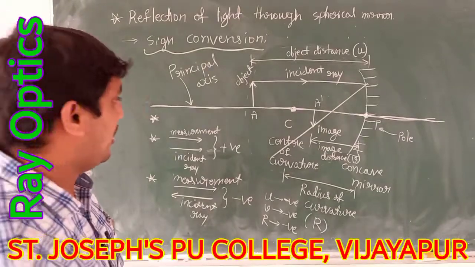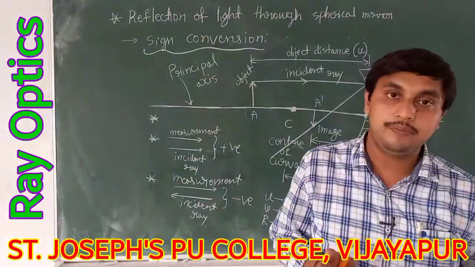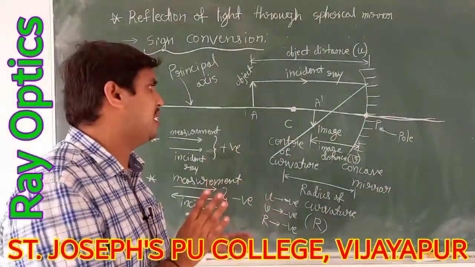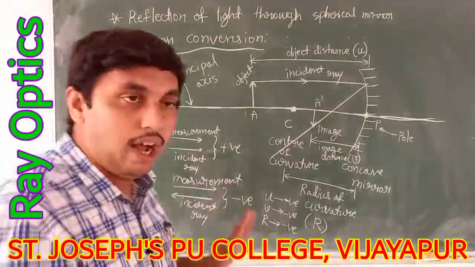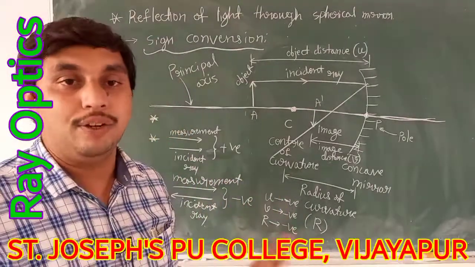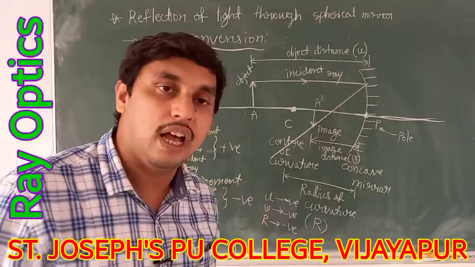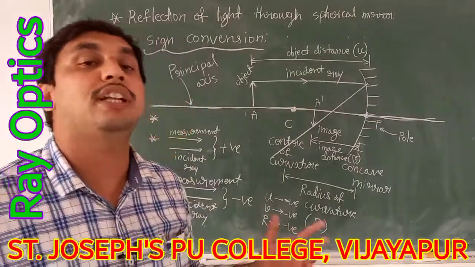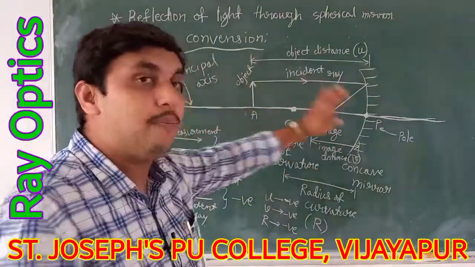In this case, mainly in a concave mirror, the object distance, image distance, radius of curvature, and later on focal length, are all taken with a negative sign, because all these measurements are opposite to the direction of the incident ray for a real object, because the object is placed in front of the mirror.